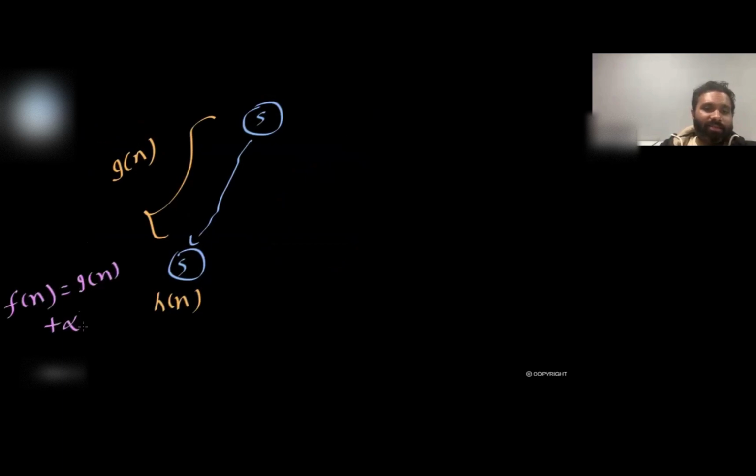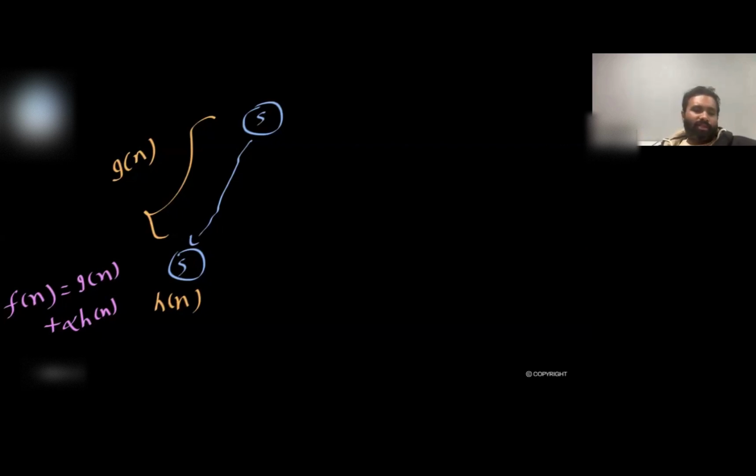This is my Gn, Hn is this heuristic value, and Fn, in this particular question, is given. Generally in A star, Fn is Gn plus Hn, but in this question it is given as Gn plus alpha times Hn. Okay, this is how it is. So you pick up a node for the next expansion from the open list where Fn is minimum. That's how you proceed.